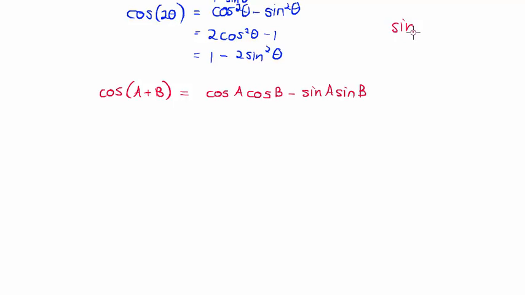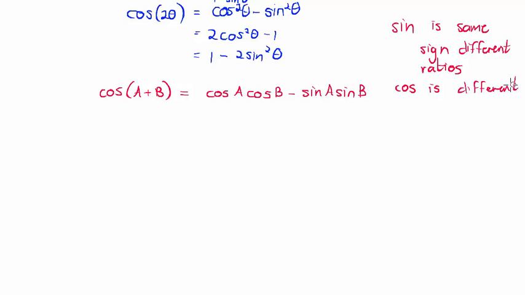Sine is same sign, different ratios. Cos is different sign, same ratio. And for both of them, they will start with themselves.